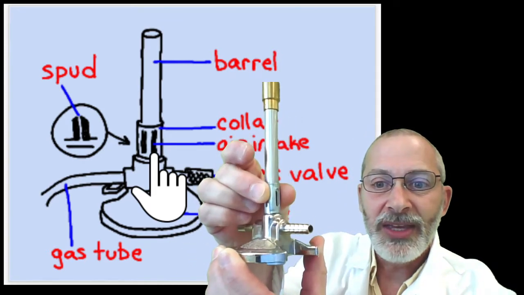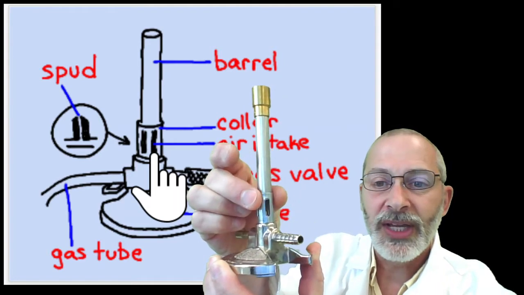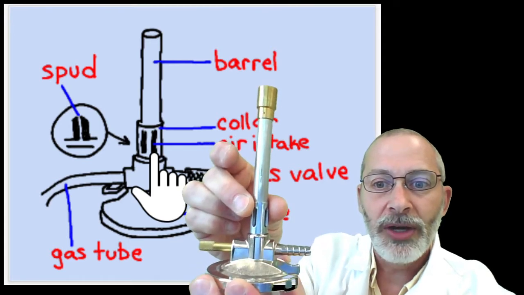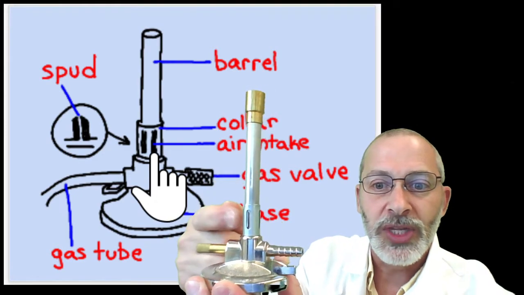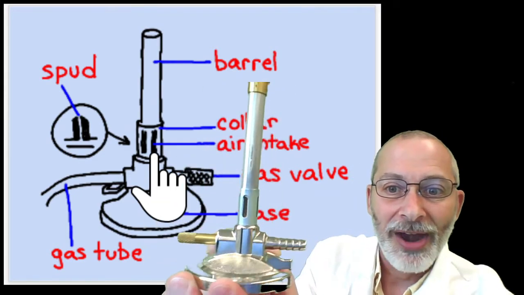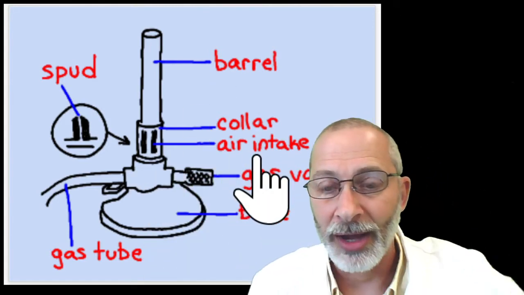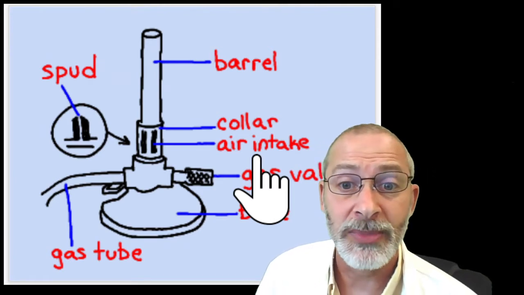The collar is basically a vent opening where you can open the collar and close the collar. You can open and close the openings there, which are the air intake. The next part for you to label on your diagram: the air intake are the openings themselves.